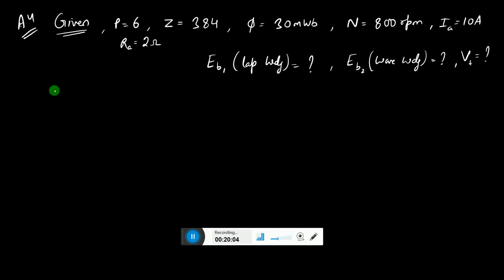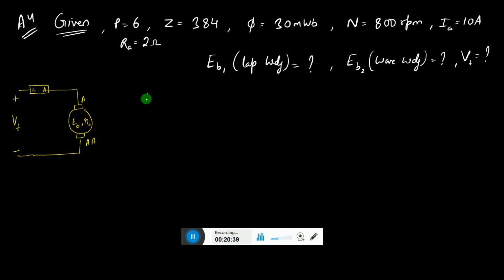The supply is given directly to the armature, obviously through a starter here, and the field winding is separately excited. So Vt is the supply voltage, the armature terminals are A and AA, the back EMF is Eb, and Ra is the resistance.